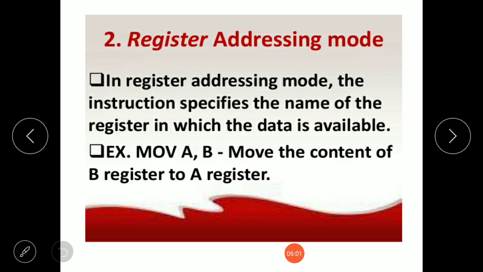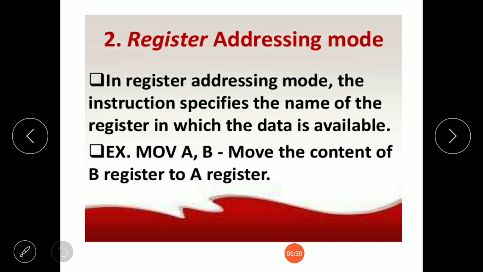The next addressing mode is register addressing mode. The register addressing mode specifies the source operand, destination operand, or both to be contained in the 8085 general purpose registers. This results in faster execution since it is not necessary to access memory locations for operands.